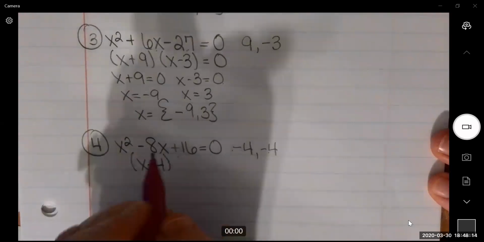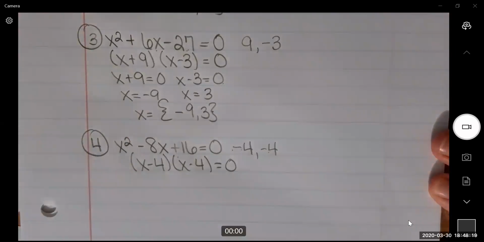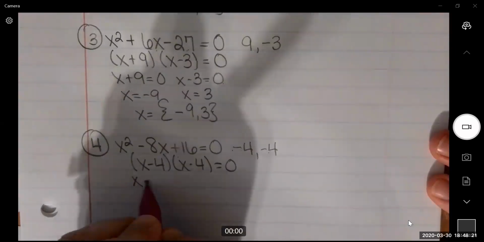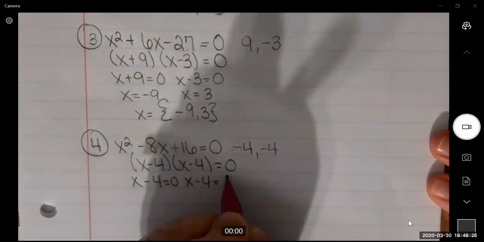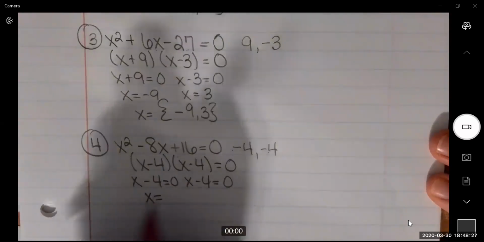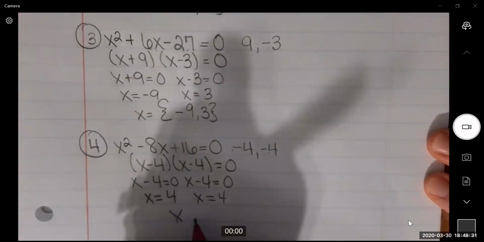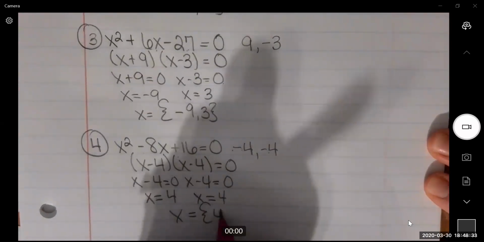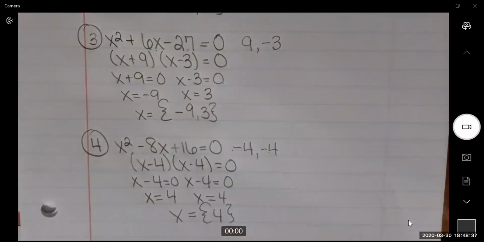Right, so you have x minus 4 times x minus 4 equals 0. So x equals 4. So the solution, or the roots, or the x-intercept is 4.